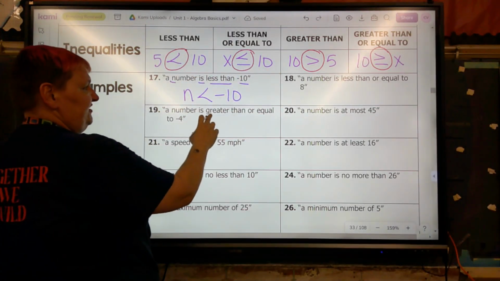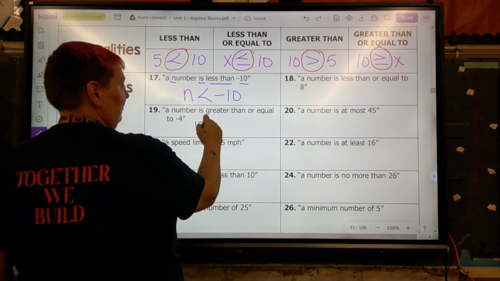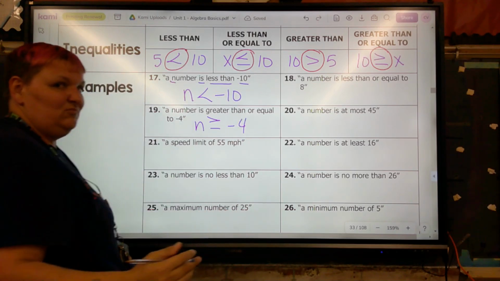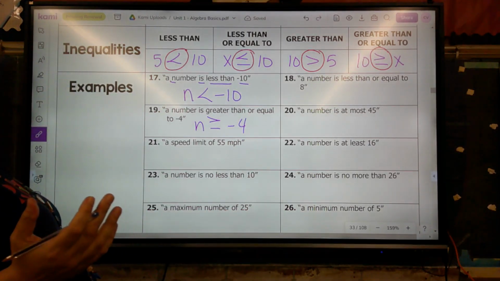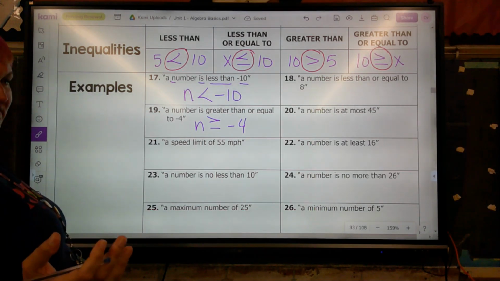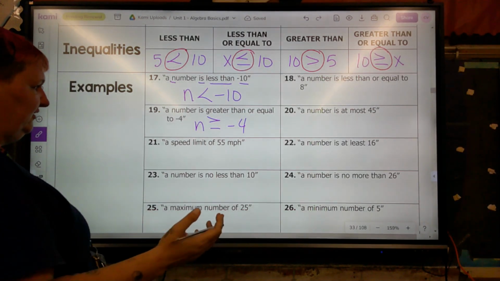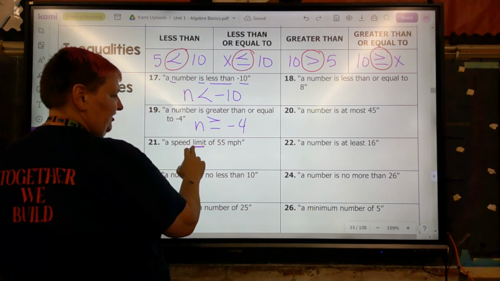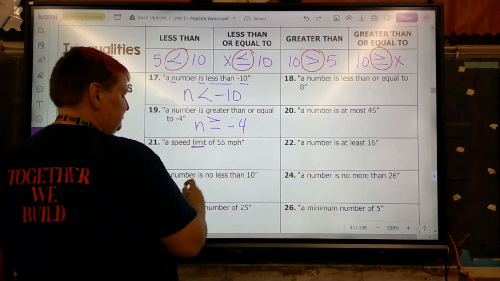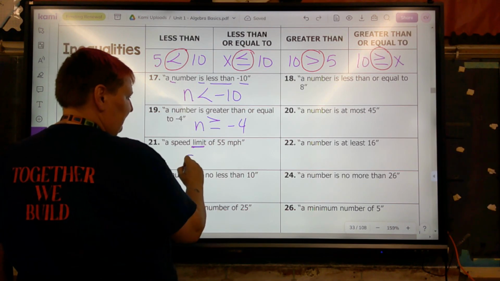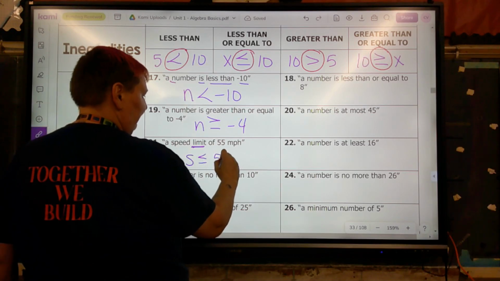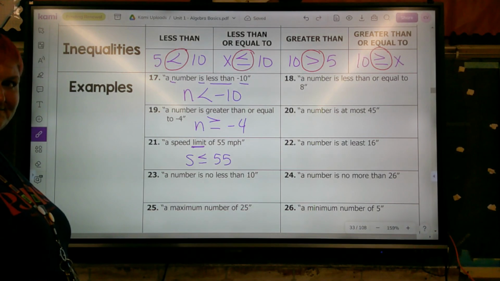A number is greater than or equal to negative 4. In some ways, these are easier because they're a little more, I don't know, straightforward. A speed limit, meaning that's as high as it can go, of 55 miles per hour. So speed has to be less than or equal to 55. It's a limit.